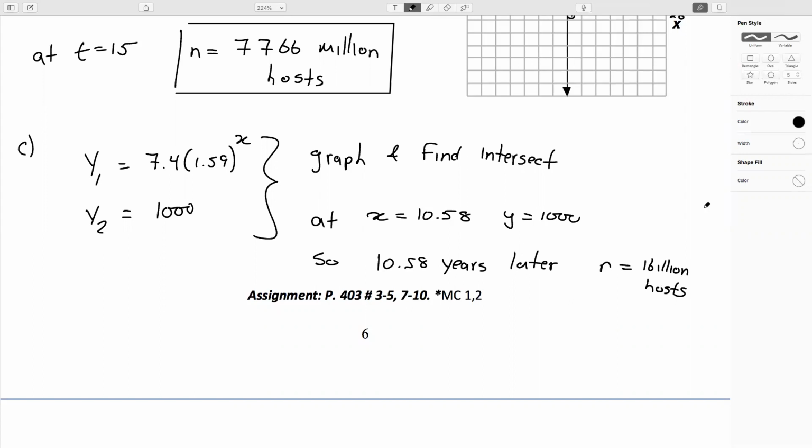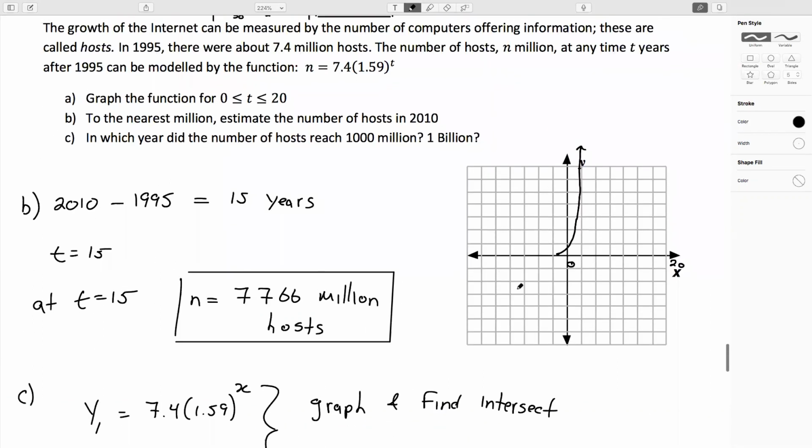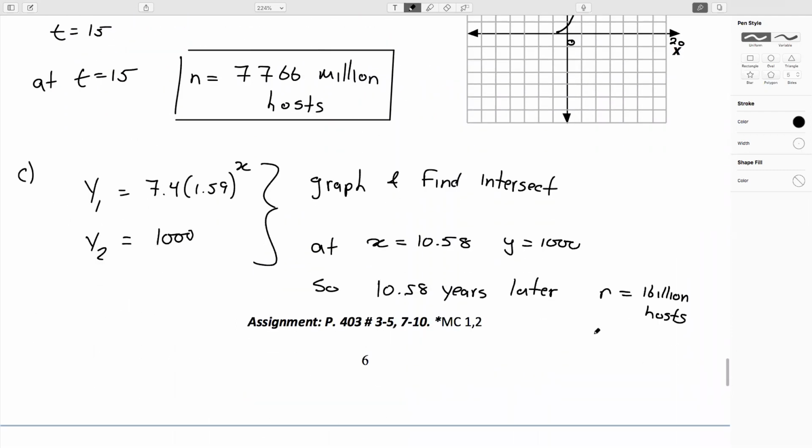I guess we should probably actually add 10.6 years back. So this would be partway through 2005. Slightly halfway through the year.